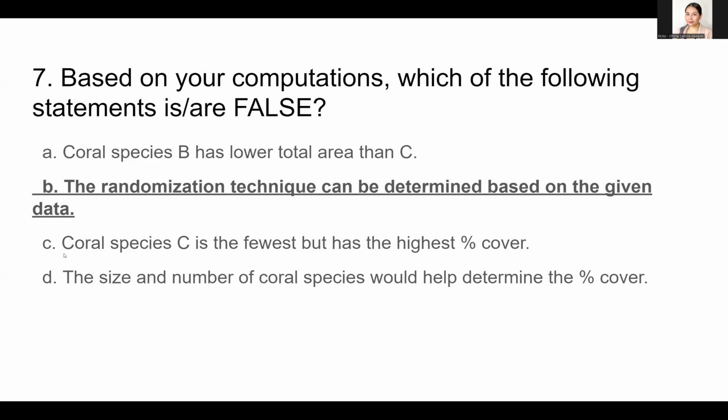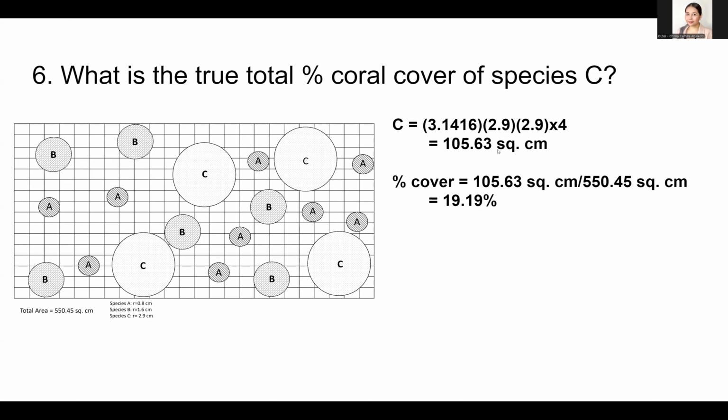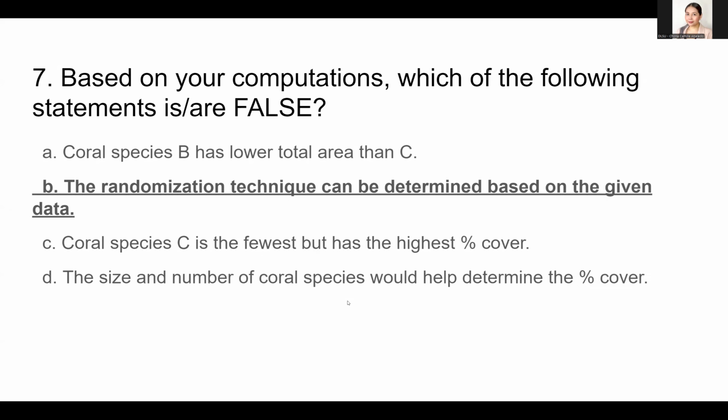So that makes C true as well, because C is fewest, but has the highest cover. And then for D, the size and number of coral species would help determine the percent cover. We can also see that it's true because the size affects the area and the number defines how much of the reef is covered by that coral. So letter D is true as well.